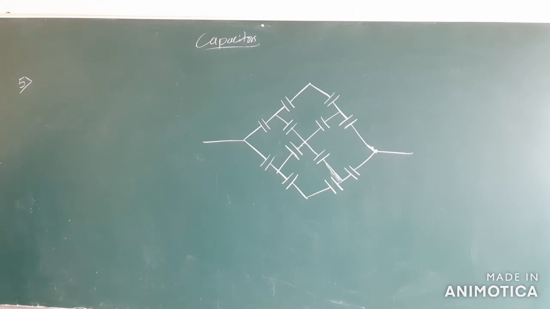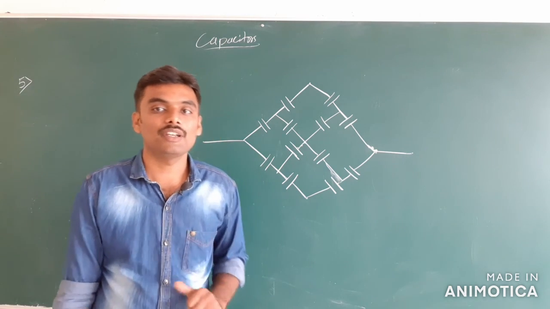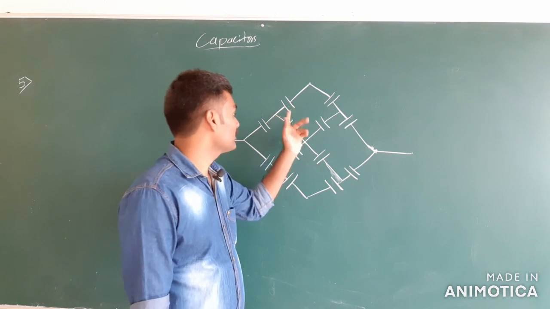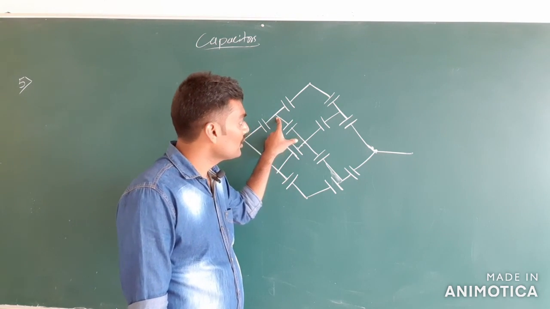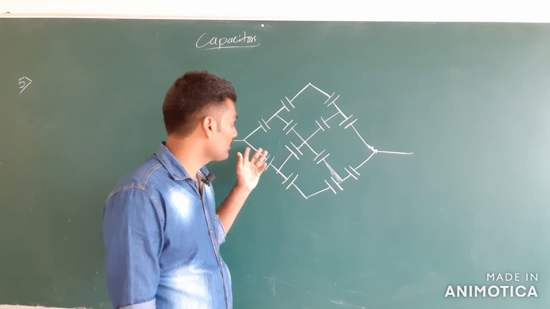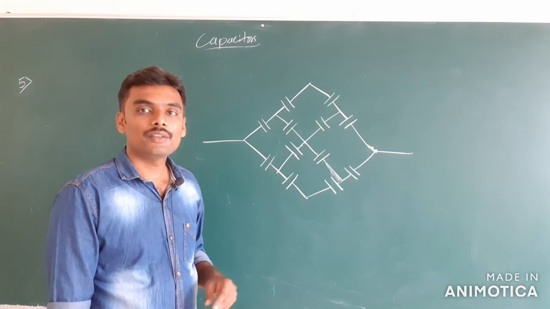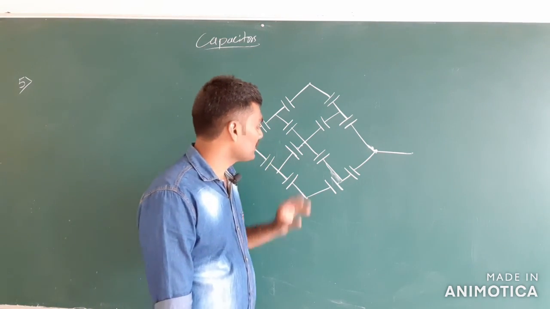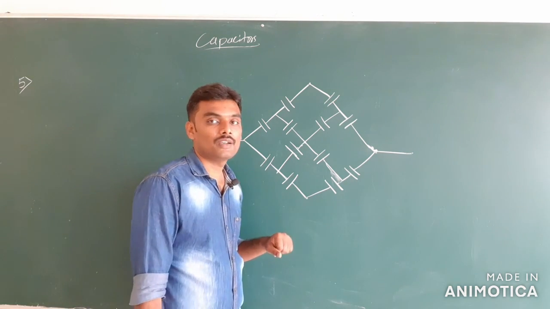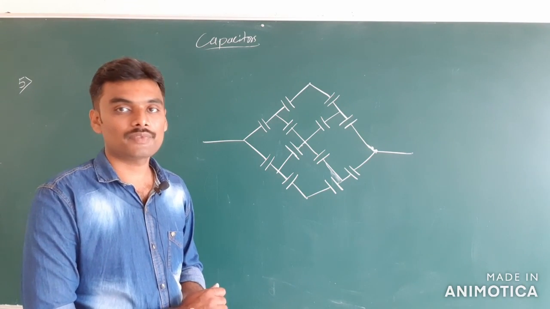The challenge is that we cannot find any known combination of capacitors. We do not have series because this comes in the middle, or parallel because we cannot see end-to-end connection. So we do not have a well established combination of capacitors here. So then we should look for an alternative method to solve this.